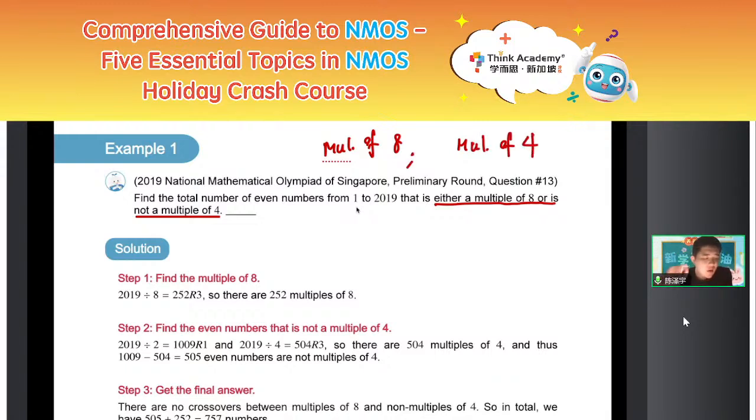All right, so guys, now what I want you to do is take out your pens or pencils and try to draw a Venn diagram for these 2 groups in your book. What will the groups look like for a multiple of 8 and a multiple of 4?